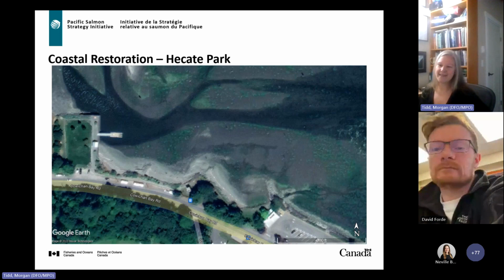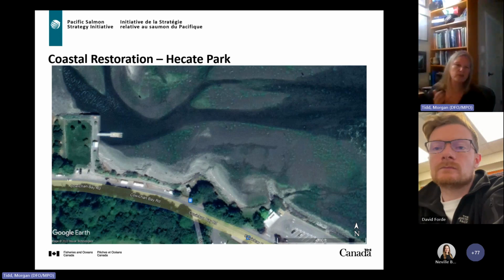So in order to add the appropriate size beach material for Pacific sand lance and surf smelt, which are the two common forage fish species along the undisturbed shoreline, two small rocky headlands were built to trap the sediment into a series of pocket beaches. From a nature-based shoreline solution perspective, this is a bit of a hybrid approach.